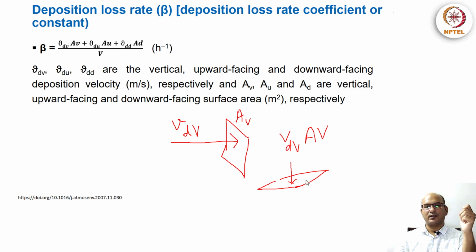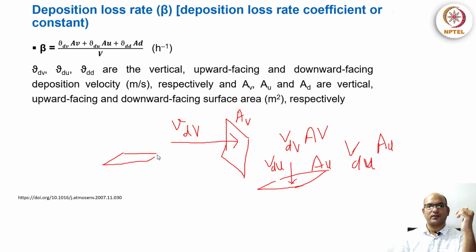So in this case we are talking about AU, and this would be VdU, the deposition velocity towards the upward facing area. So VdU times AU is the flux into this surface. Then we have the downward facing surface, so we are talking about the ceiling, and the velocity is like this. So AD and VdD towards the downward facing.